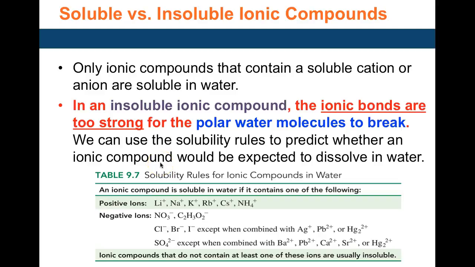All right. Soluble ionic compounds versus insoluble ionic compounds. Now, the only way those ionic bonds can be separated or broken is if the water molecule is able to separate out the ions.